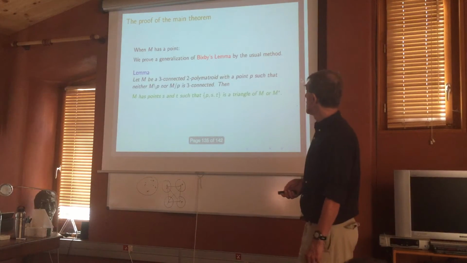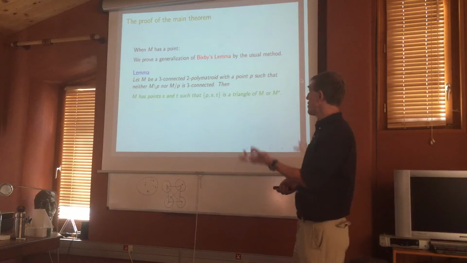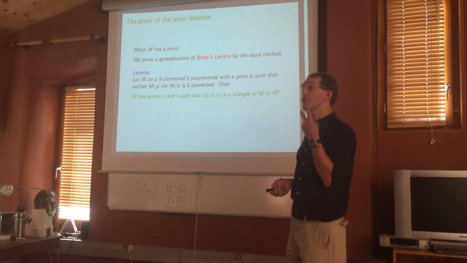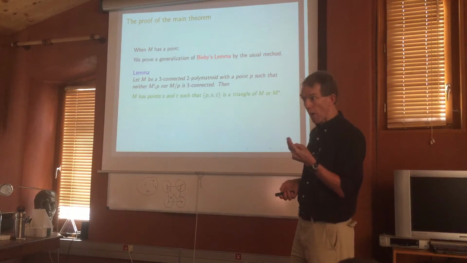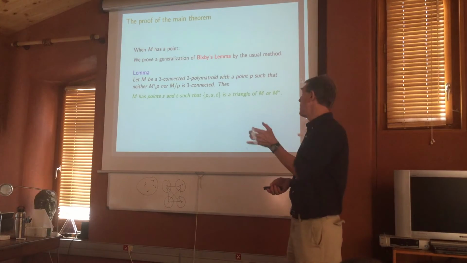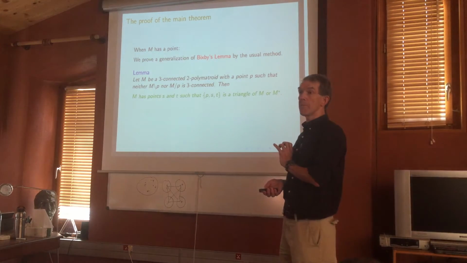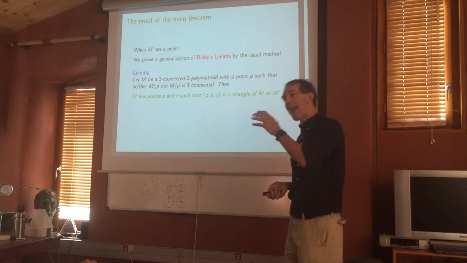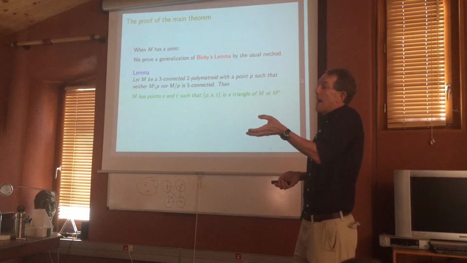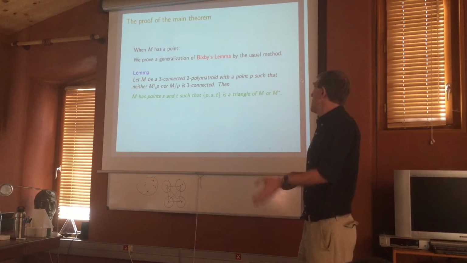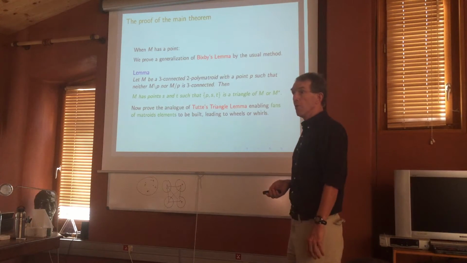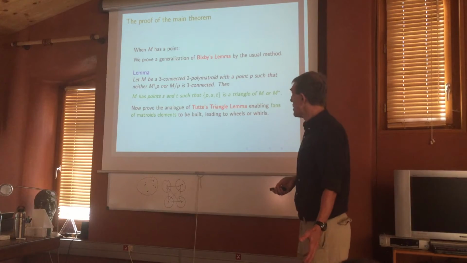You prove that if you've got a point so that neither the deletion nor the contraction is 3-connected, then you've got 2 other points, rank 1 things, so that you form a triangle in the 2-polymatroid or its cotriangle. Now that you've got a triangle or a triad, you can build fans, and so you just get wheels or whirls. And that's really easy.